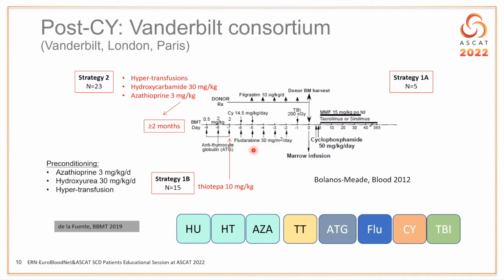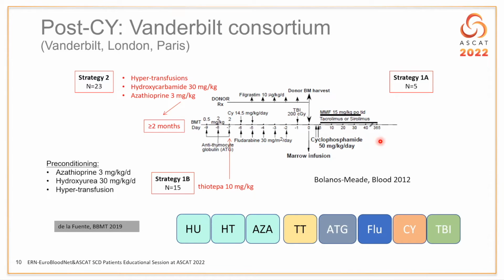The conditioning regimen includes several drugs such as thiotepa, fludarabine, antithymocyte globulin, and cyclophosphamide, and there is a specific immunosuppressive therapy after the transplant in order to prevent immunological complications.